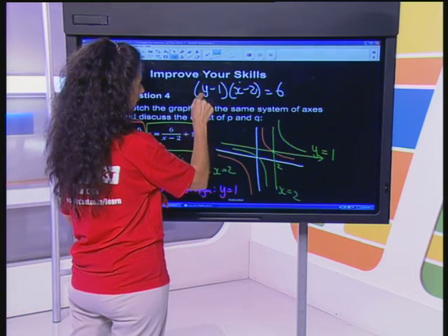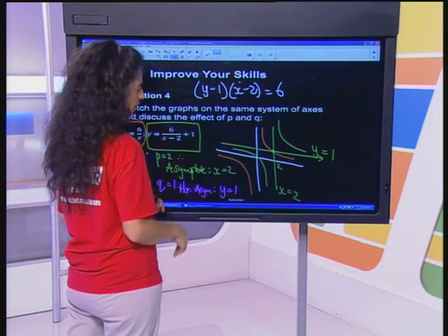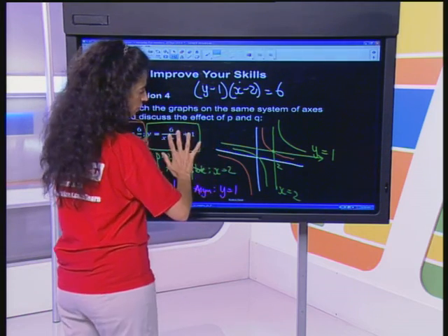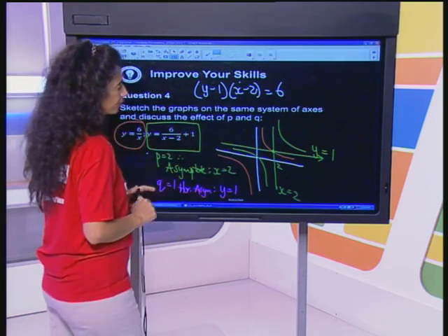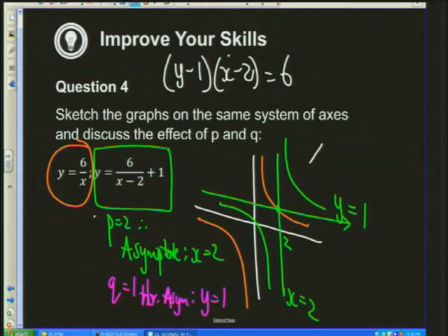So therefore, the y can't be 1, and therefore my domain is affected, my range is affected, and my whole graph shifts across 2 and up 1, as well as your axis of symmetry. This axis of symmetry is now going to be y equals x, and it will be minus 1, because it's going to go across 2 and up 1, so it's going to go through that point.